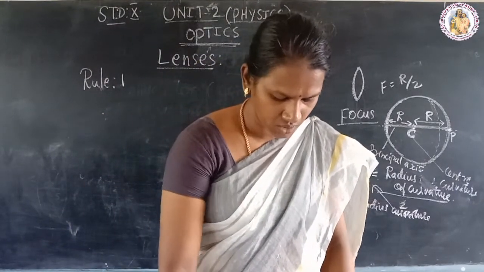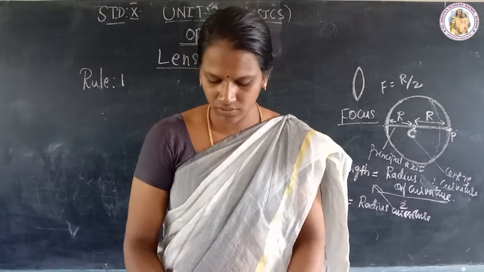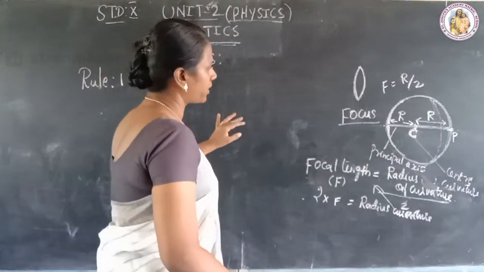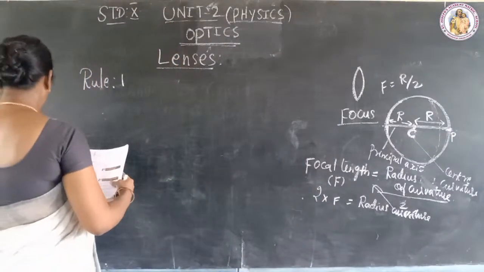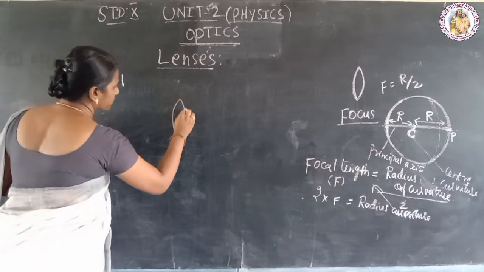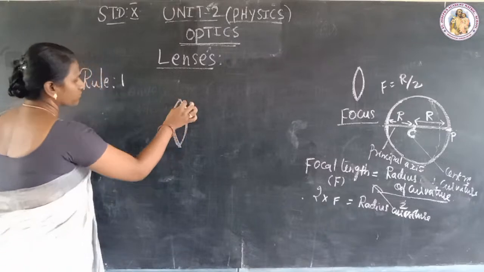Next, this is the basic of the ray diagram. While we draw the ray diagram, we have to follow these terms. This is the lens.